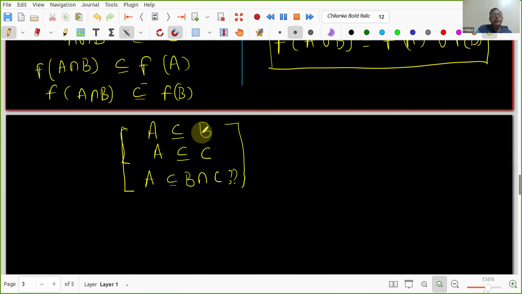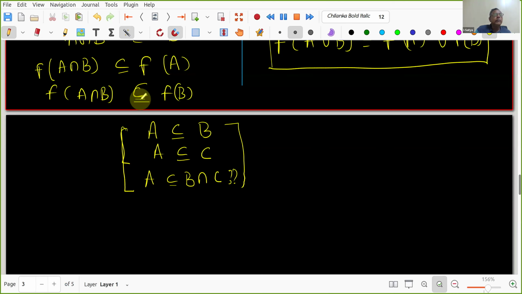A is a subset of B, A is a subset of C, then A is a subset of the intersection, right? So if I take X belonging to A, is it in the intersection? The intersection will be smaller, but still it is true. X belongs to A, then X is in B. X belongs to A, X is in C. So X is in the intersection. So this is true.